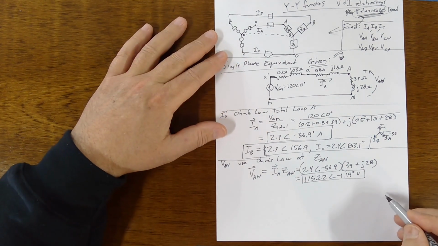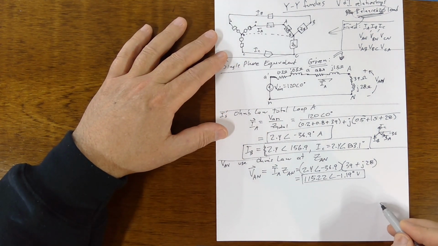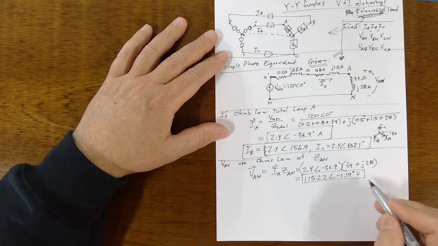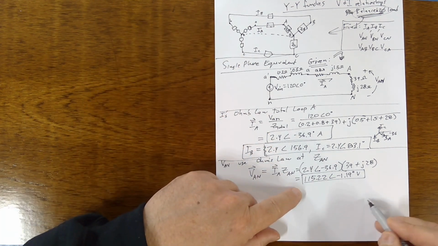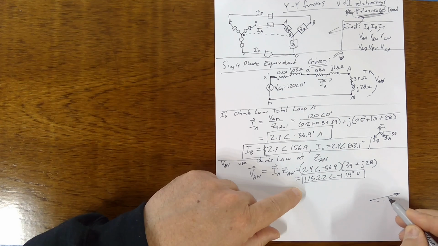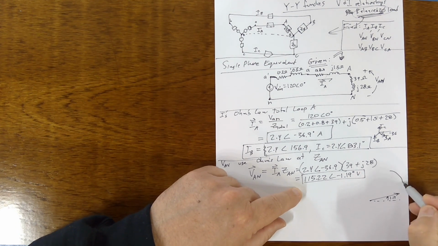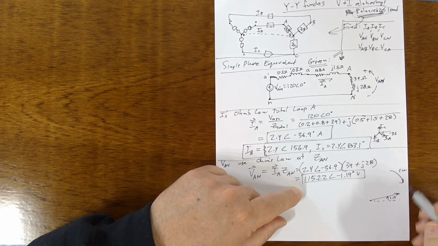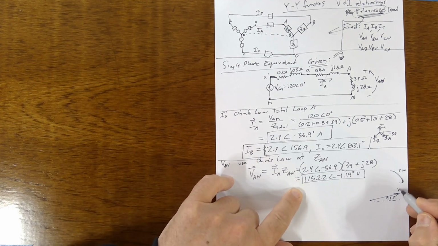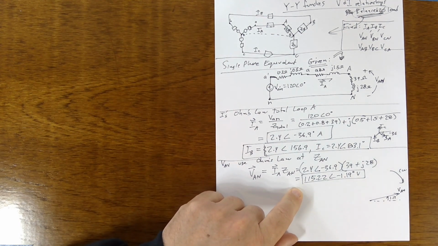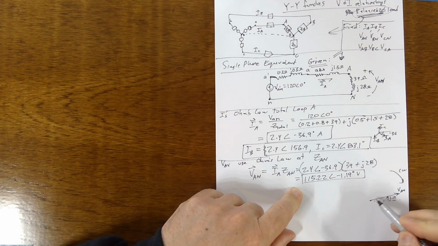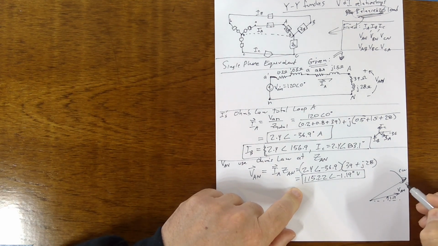Then we've got this pretty picture over here. This is minus 1.19, and it's that far away, minus, because we're going clockwise. So this is V_AN, and V_BN is going to be 30 degrees.